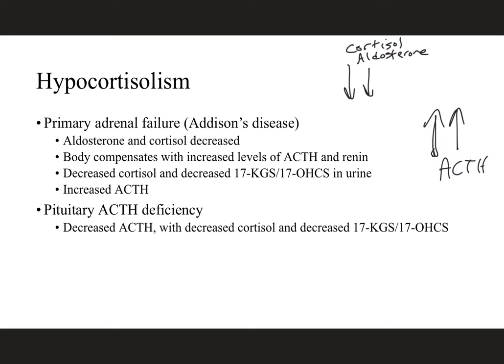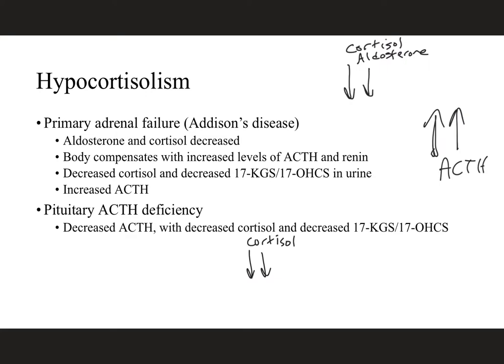The other way we can see a decrease in cortisol is if we have a pituitary issue where we are not producing enough ACTH. As your body uses cortisol, it's going down, and then we need to maintain a normal level.